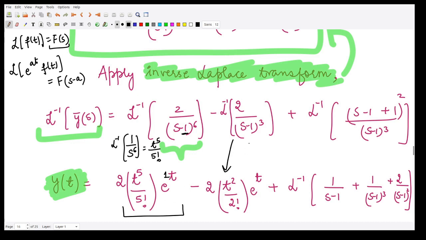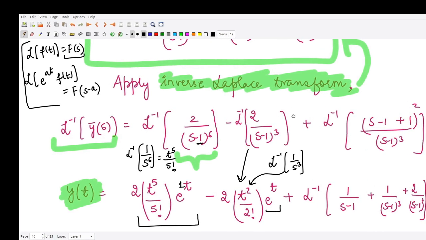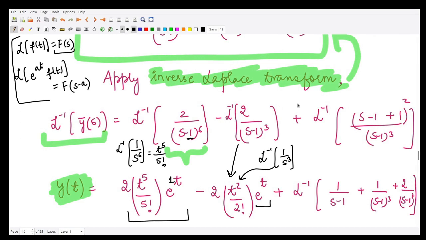Similarly here you will first apply the first shifting property. So according to that, you have e to the power t and the Laplace inverse of 1 divided by s cube, which turns out to be t square divided by 2 factorial. And then you have to calculate the Laplace inverse for the quantity s square divided by s minus 1 whole cube.